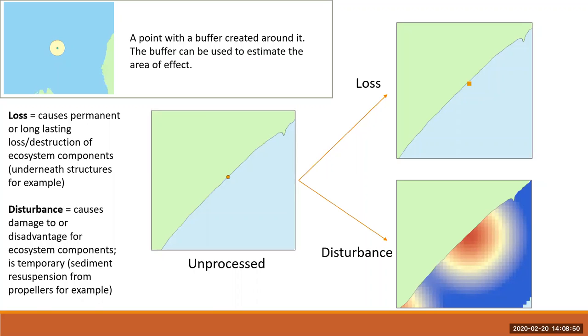So, for example, if you place a structure in the water, obviously everything underneath the structure is going to be destroyed. Then there's disturbance that can cause damage or at least disadvantages, but it's typically only temporary. So, for example, when a ship passes through and it resuspends sediment.